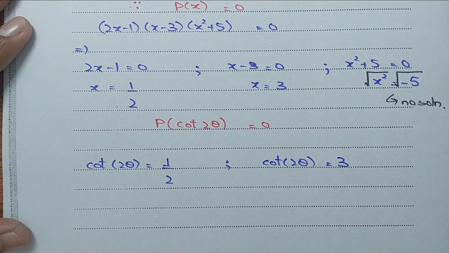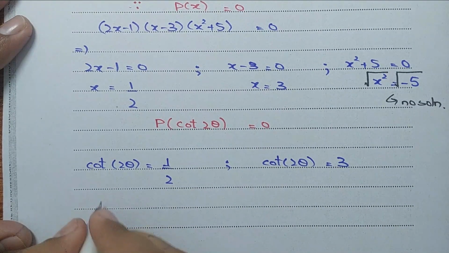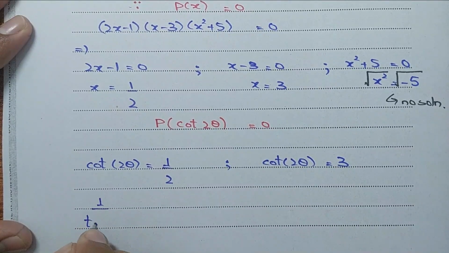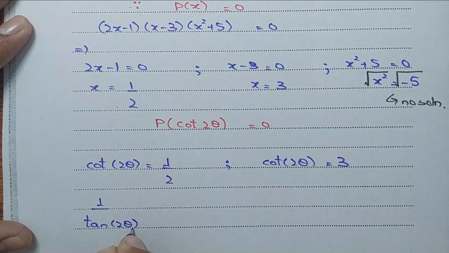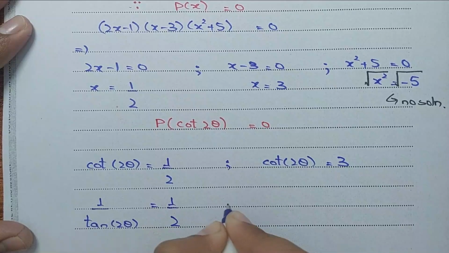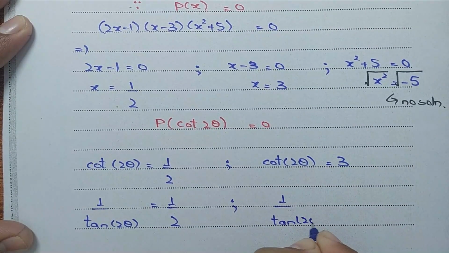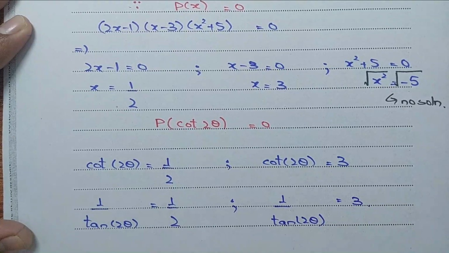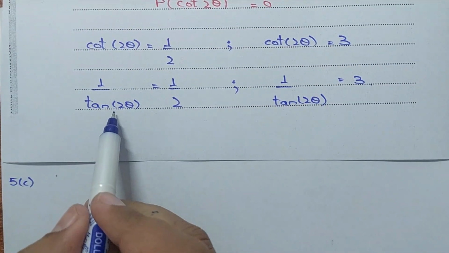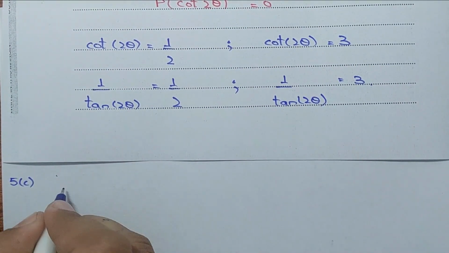Okay, so cot is basically the reciprocal of tangent, right? So 1 over tangent 2 theta is 1 by 2, or we can say 1 over tangent 2 theta is 3. Now to get the value of tangent, we can do a reciprocal on both sides.